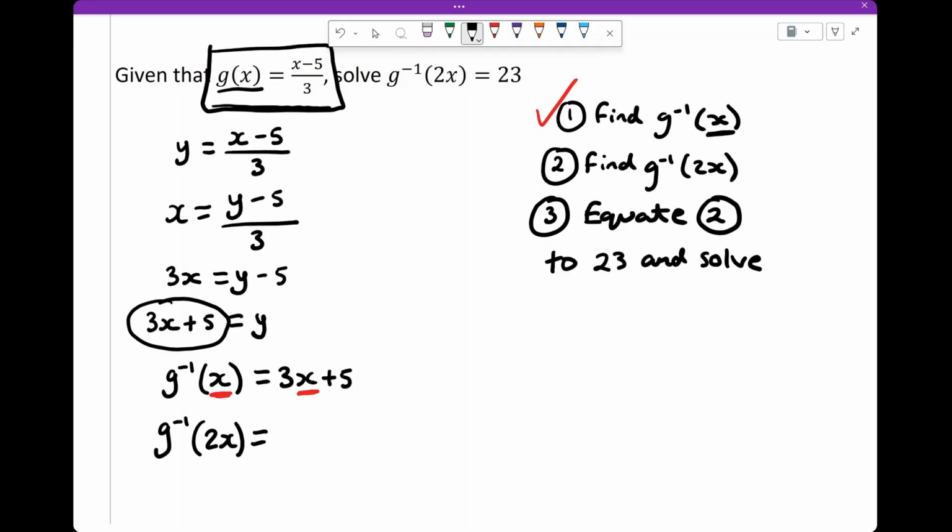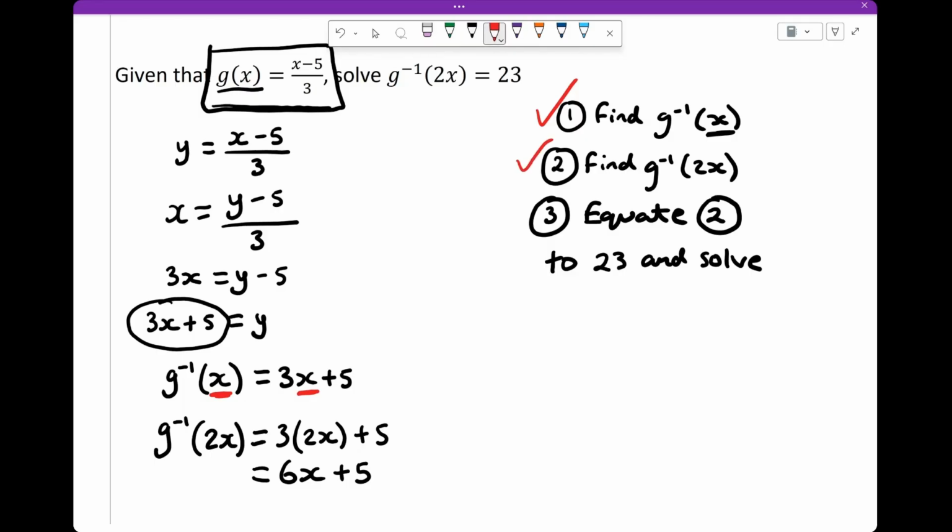Okay, so I would get 3 multiplied by 2x and then plus 5, like that. And then let's simplify, as it's probably going to be helpful for later on. 3 times 2x is equal to 6x. So we've got 6x plus 5. So that would be step 2 complete.